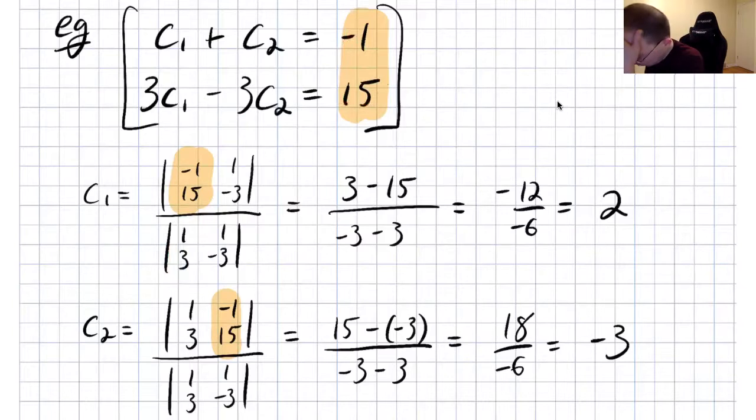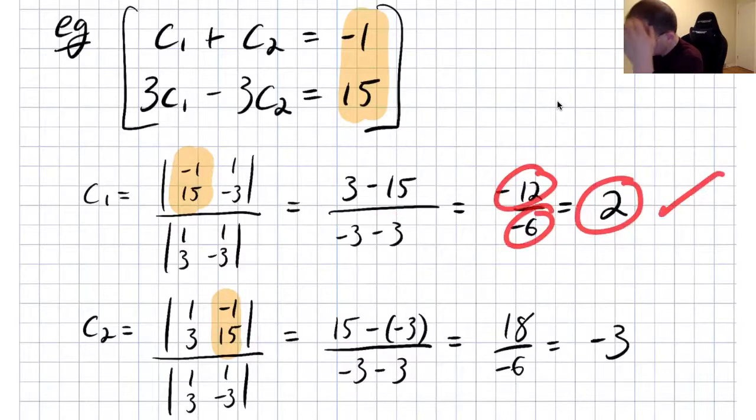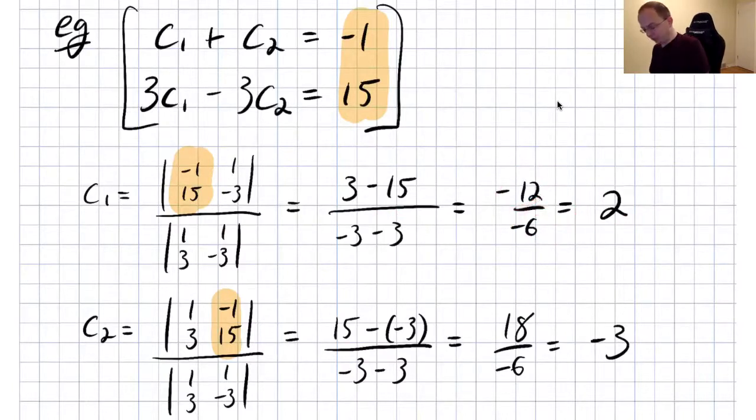So this top determinant is minus 1 times minus 3, minus 1 times 15. That gives us 3 minus 15, and the denominator is 1 times minus 3 minus 1 times 3. Then we simplify. We get minus 12 over minus 6, and that's 2. So very quickly, we get the answer 2.